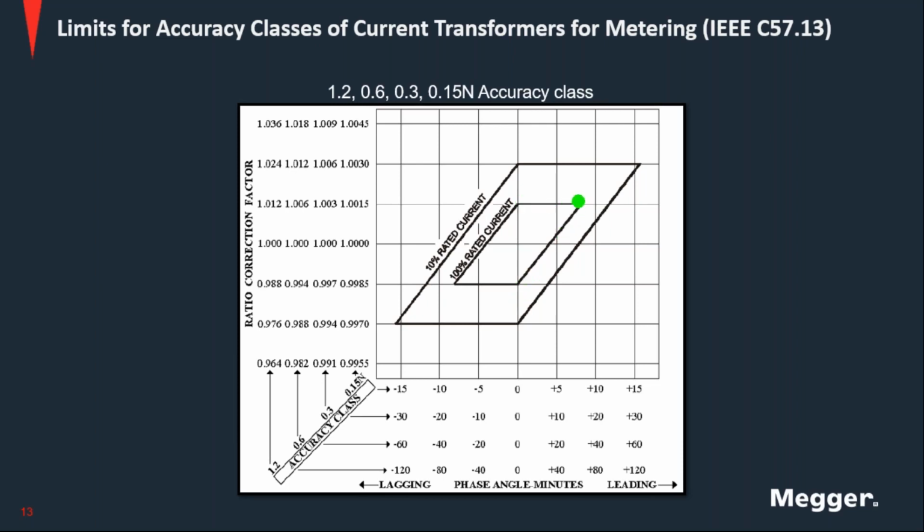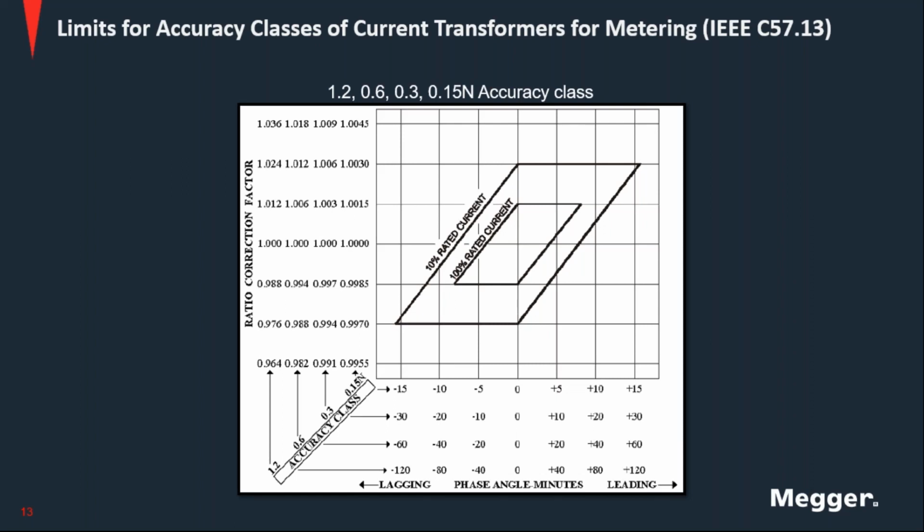And the same thing applies for the other 2 vertices. So you have maximum ratio correction factor with minimum phase deviation and maximum ratio correction factor with maximum phase deviation. So those limits defined by the accuracy classes define this parallelogram, which is part of what an assessment of the performance of a CT or a voltage transformer for metering purposes needs to include.